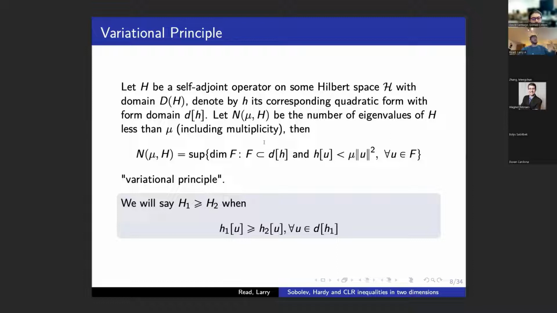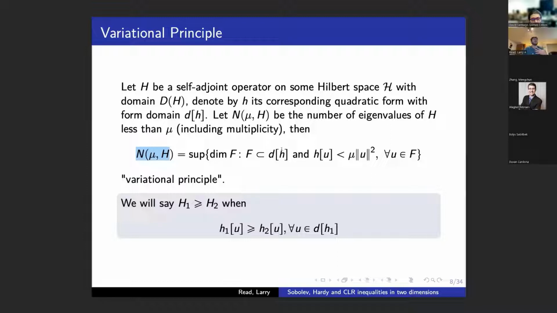So we might want to manipulate this formula and consider some alteration to our quadratic form, and therefore an operator, and make it smaller in some sense. In that sense, we can bound the number of eigenvalues above by that smaller operator, if we know the number of eigenvalues for that.